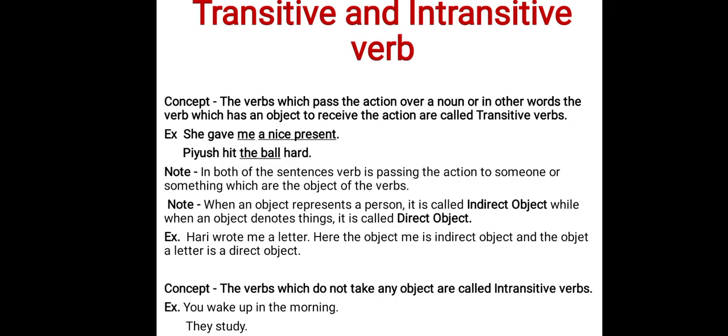In that case, a transitive verb is always a verb denoting an action. The verbs denoting possession and state of being are always intransitive verbs. Transitive verbs are always the verbs which describe any action.